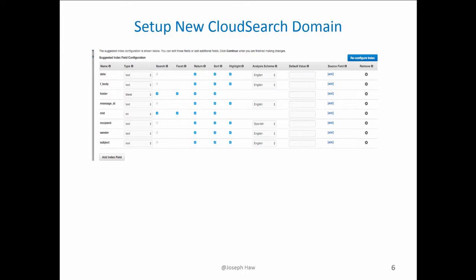It pulled that all together and gave a recommended configuration. There are also a lot of options when setting this up that we'll go into in a little more detail in just a few slides.